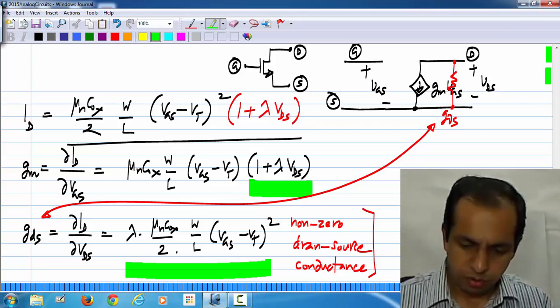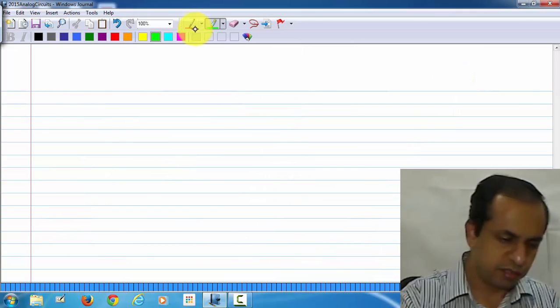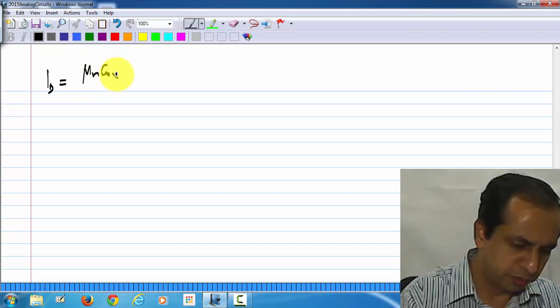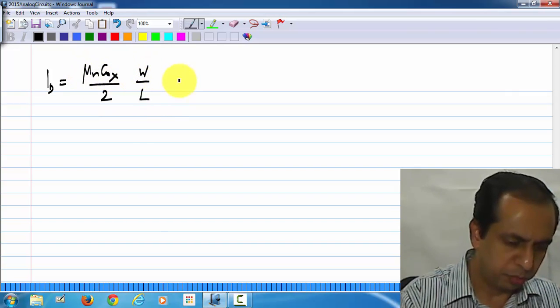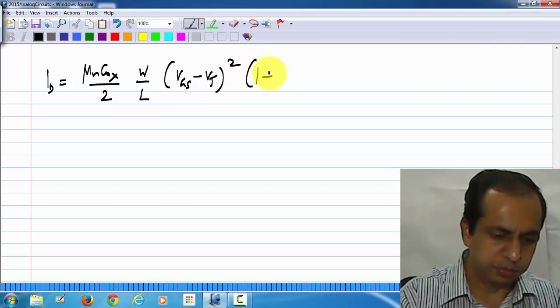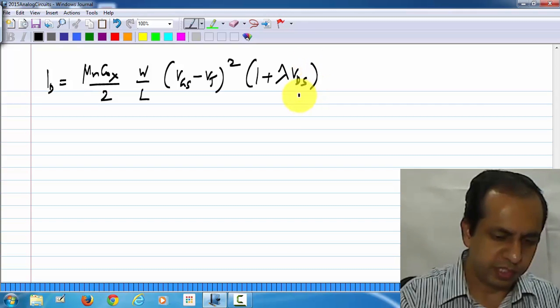So, what do we do in practice? The expression for the current in saturation is mu n Cox by 2 W by L (VGS minus VT) squared times (1 plus lambda VDS).